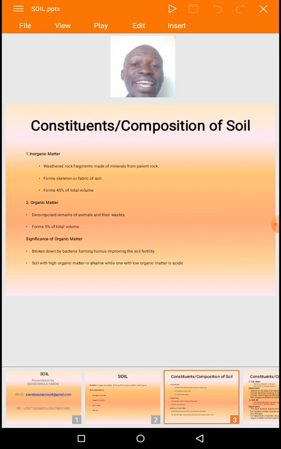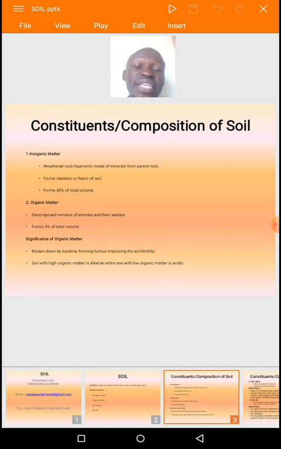And they're saying that 45% of the soil is from these weathered rock fragments. Then the organic: these are decomposed materials of animals and plants. They form 5%.